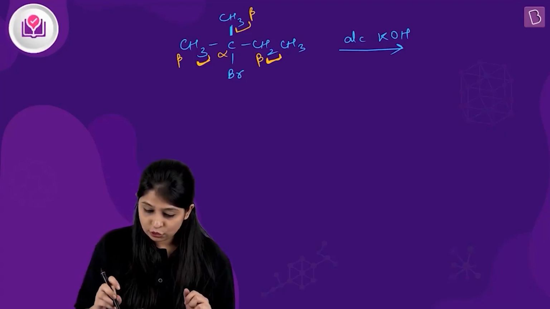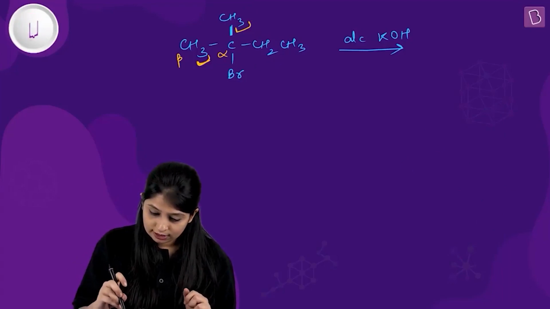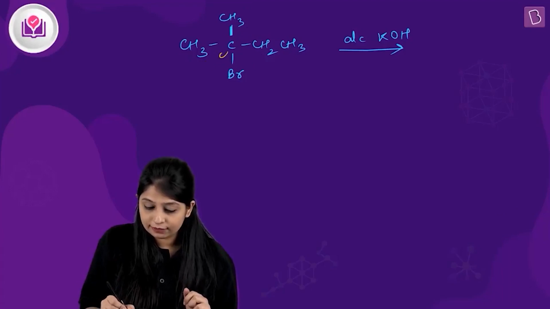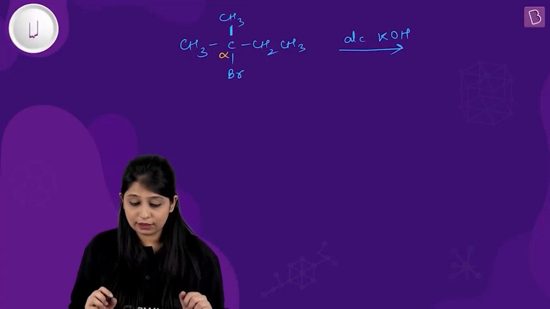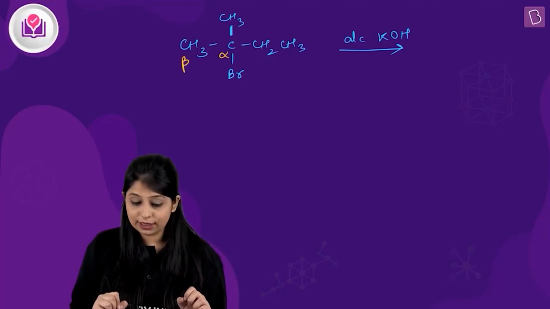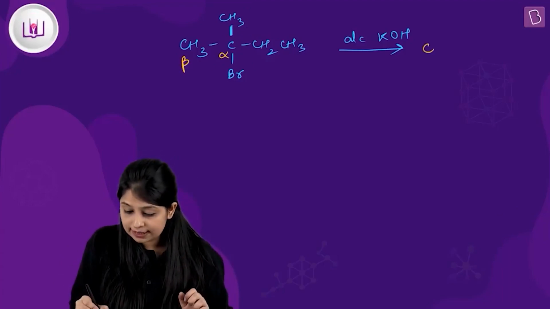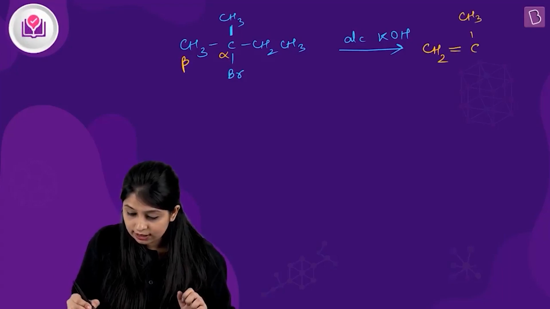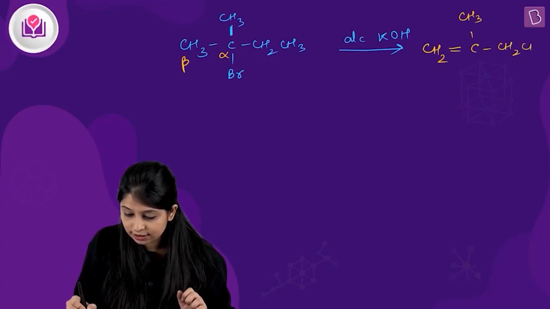Let's see. So if we have the alpha carbon, this one, and if we remove, let's say, this beta hydrogen, what would we get? We'll get CH2 double bond C, CH3, CH2, CH3.